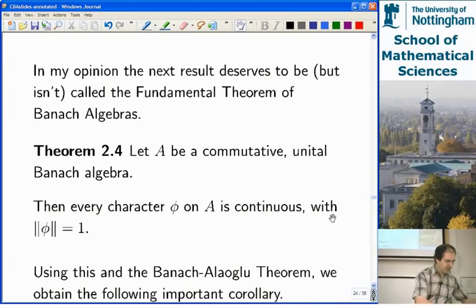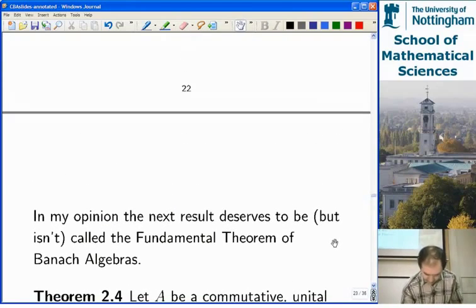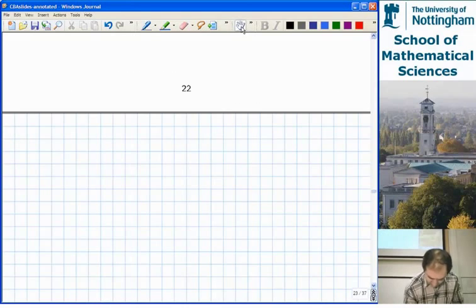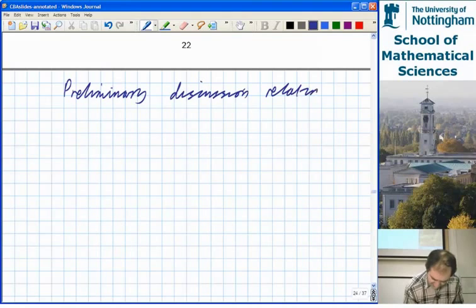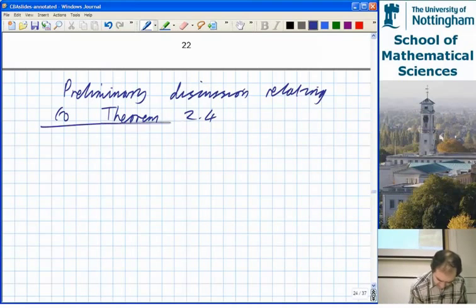Our target is to prove Theorem 2.4, but I want a little bit of preliminary discussion relating to Theorem 2.4 first.